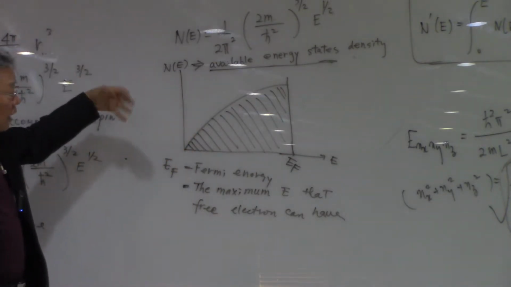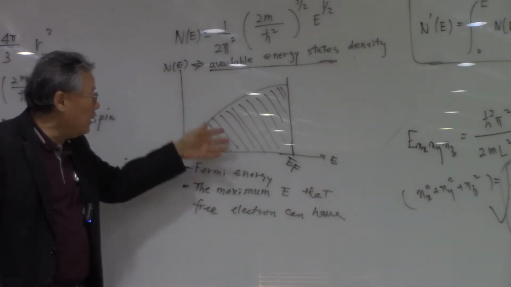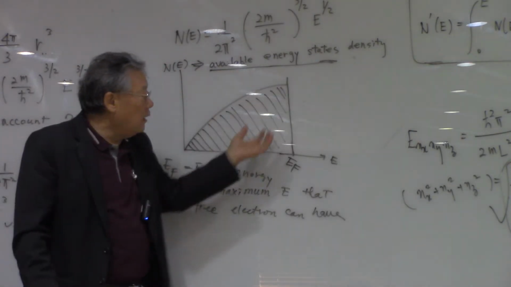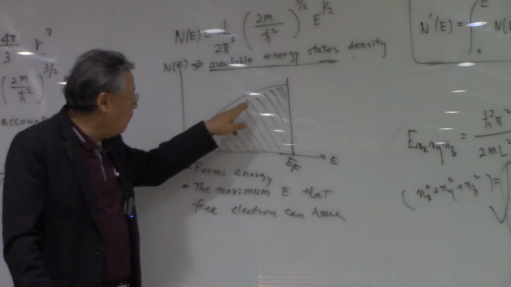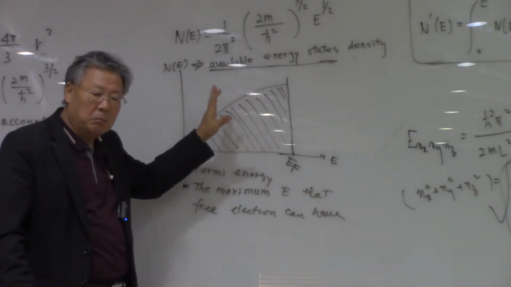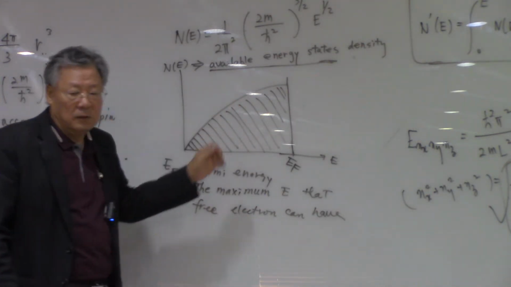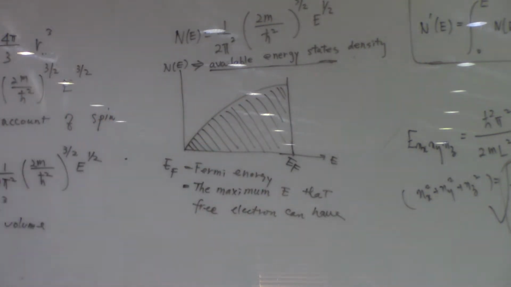Among these available energy states, an electron may have different energies according to the probability for the electrons to occupy that energy state.